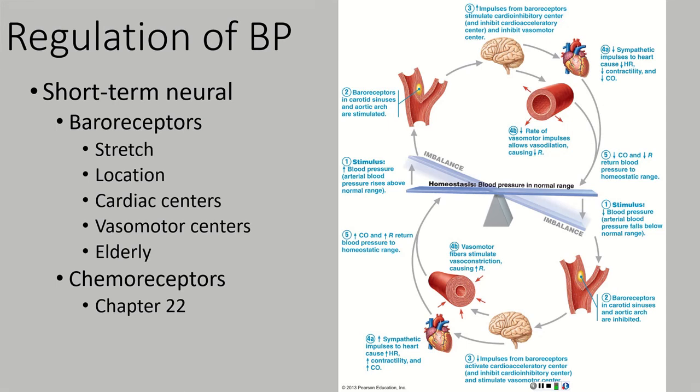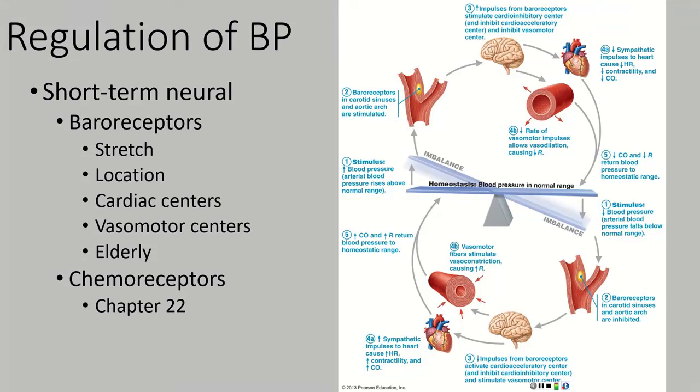Now let's talk about regulation of blood pressure and some other ways that our body does that. First, we're going to talk about a reflex called the arterial baroreceptor reflex, or sometimes it's just called the baroreflex.